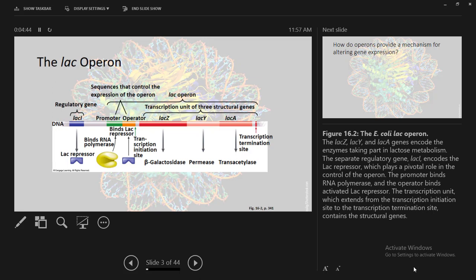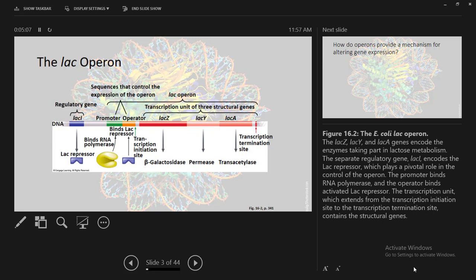As we talked about in lactose intolerance, if you don't have that enzyme or the bacteria in your gut don't make that enzyme, you don't break down lactose. So this is required to break lactose into its individual monomers, monosaccharides. Permease is required to get lactose into the cell.